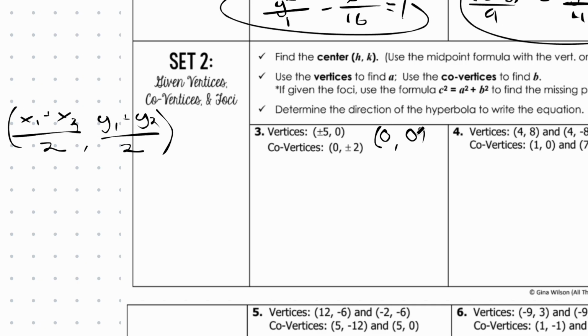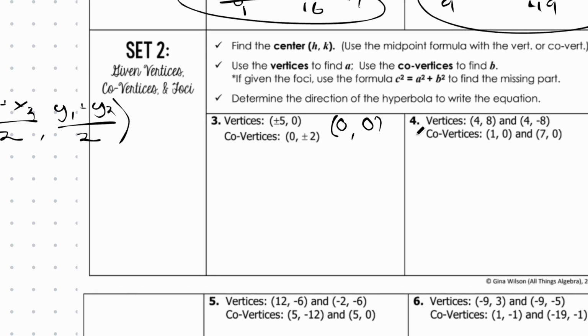But it might get more complicated in other problems. And here, our vertices are going to be 5 units away from our center. So that means a is equal to 5. Our co-vertices are going to be 2 units away from our center. So that means our b value is going to be equal to 2.